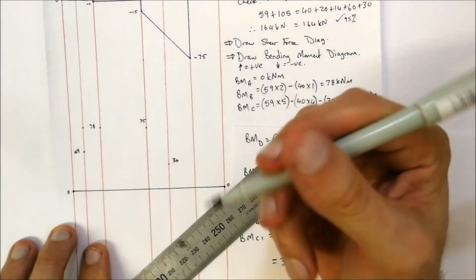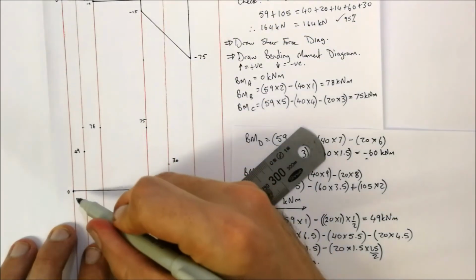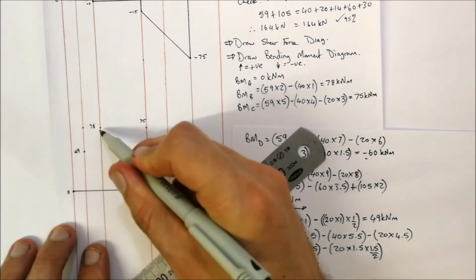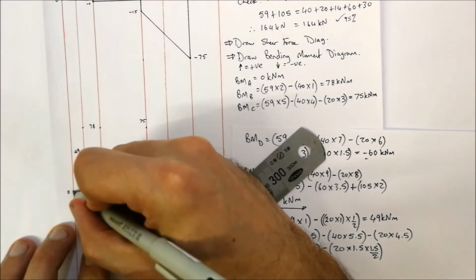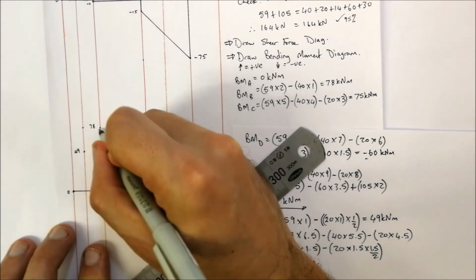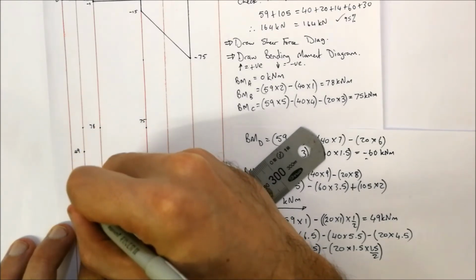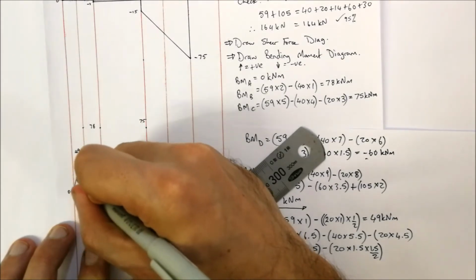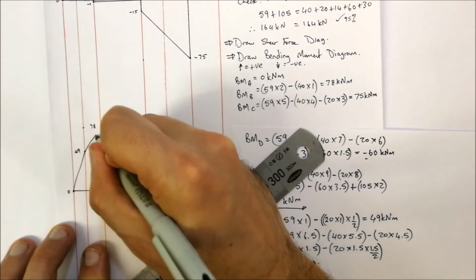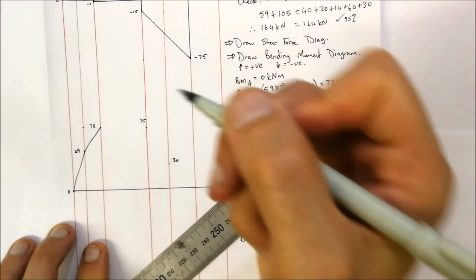If you've got technical drawing tools that allow you to make a better curve, you could do so. I'm going to do it by freehand as accurately as possible. So it's going to be in a direction as such.